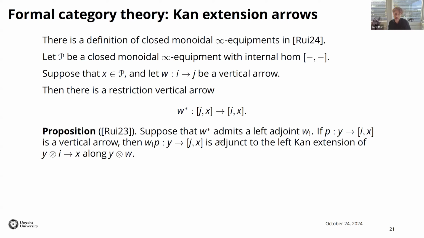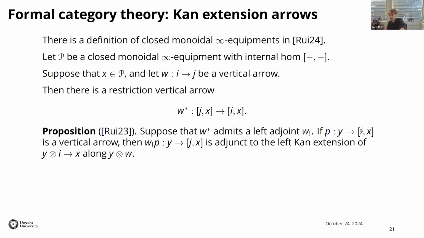This is precisely the arrow that is left adjunct to the left Kan extension of I tensor I to X along this induced arrow I tensor W. This I tensor I to X is the arrow that is adjunct to P.